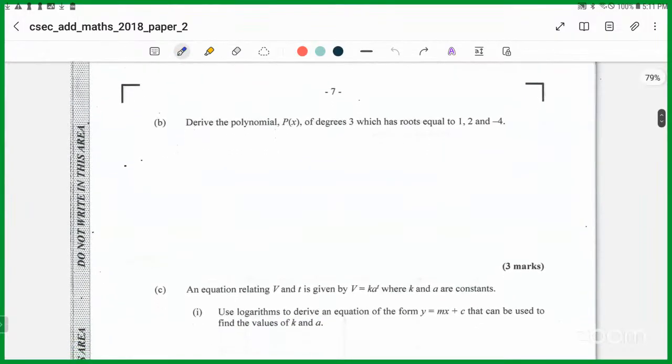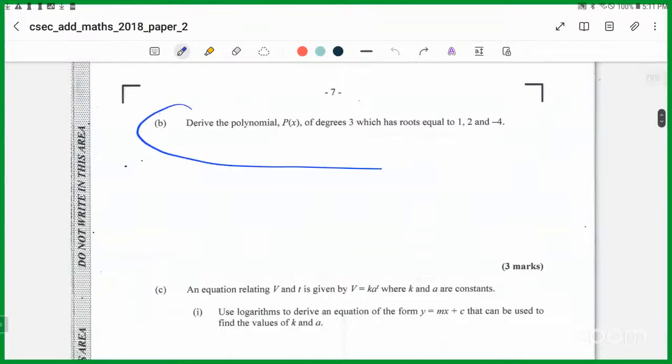All right, so this one says we have to derive the polynomial of degree 3, meaning highest power is x cubed, in which the roots are these. Remember, if you know the roots, then you automatically know the factors. So roots are x equals 1, x equals 2, x equals negative 4.